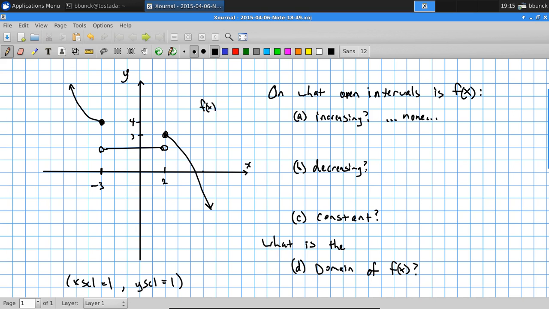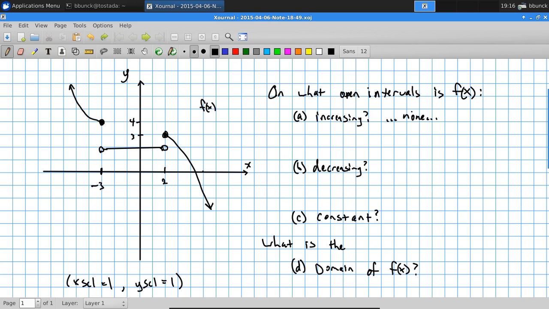Now decreasing, right away, this function is decreasing. In fact, you can see right away it's decreasing on two separate intervals. It's decreasing over here, and then later on it decreases again. Now the biggest issue I think people have with this is just stating where it's decreasing. What we're looking for are open intervals on the x-axis.